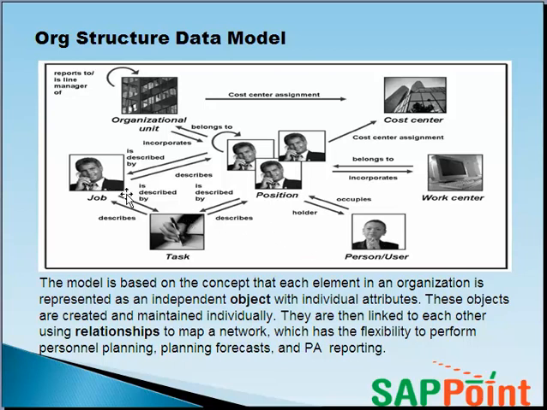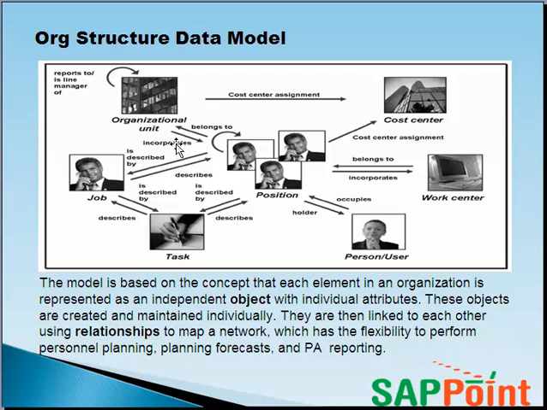You can describe a relationship between a job and a task, or a task and a position, as a task describes a position, or the position is described by the task, or a job is described by the task, or the task describes the job.